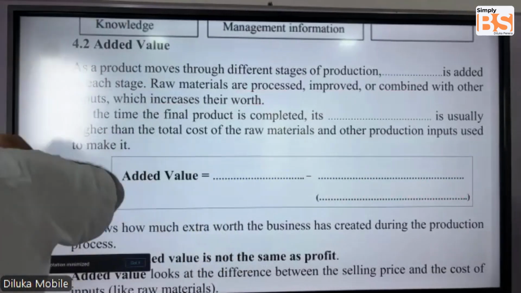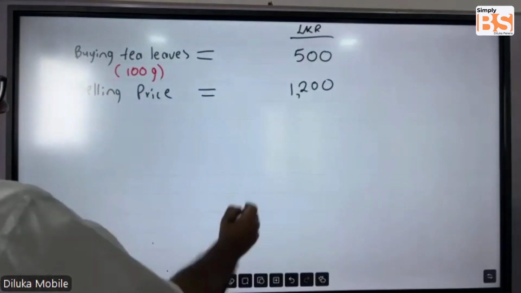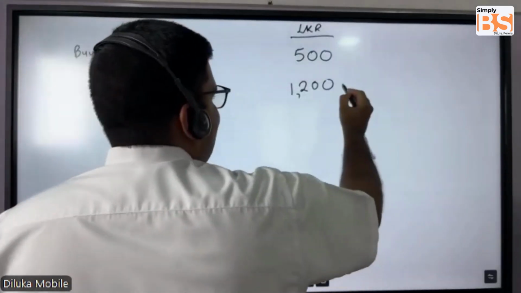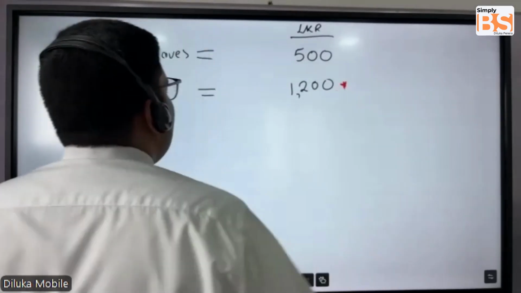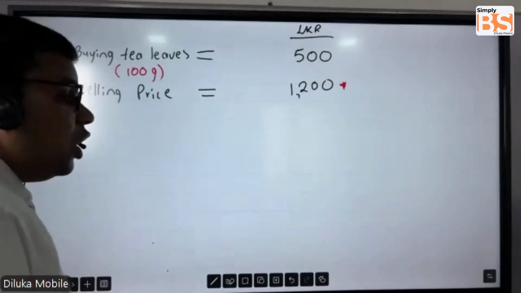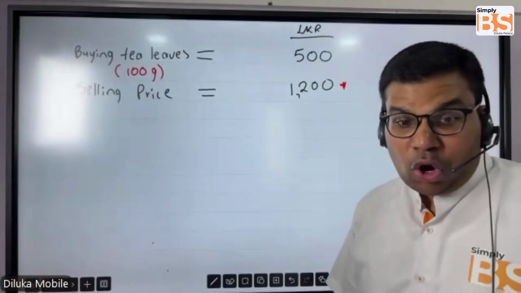Simple, right? So what is the selling price? It is 1,200. From this selling price, you have to subtract the cost of production inputs.